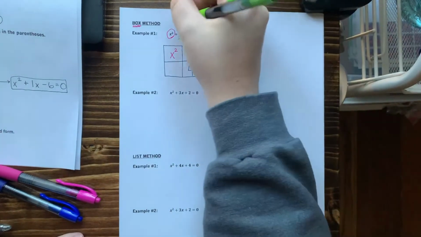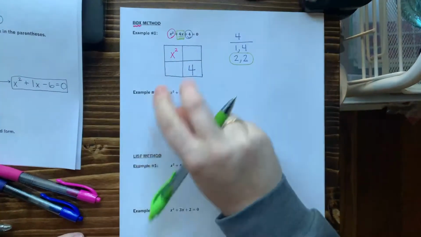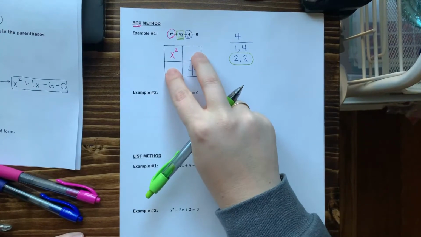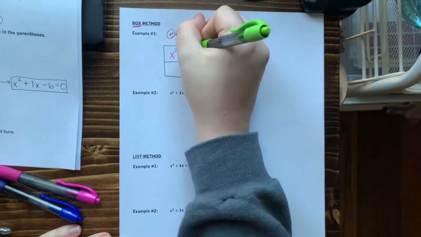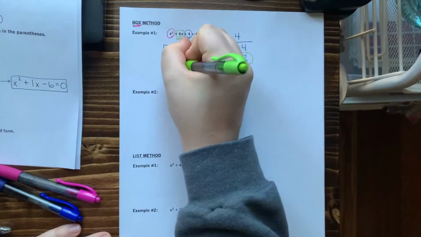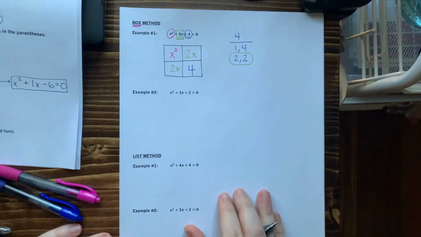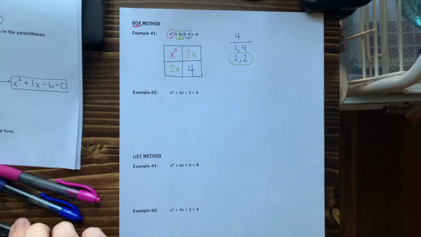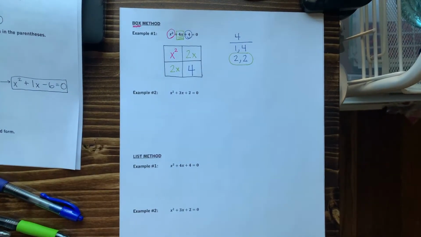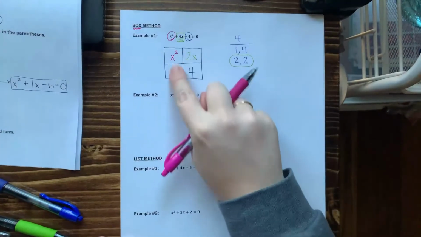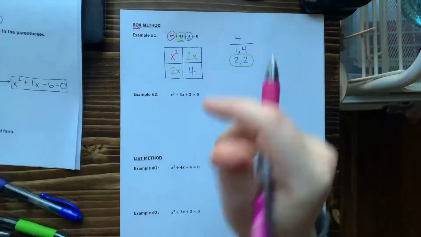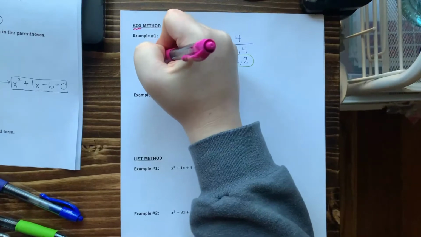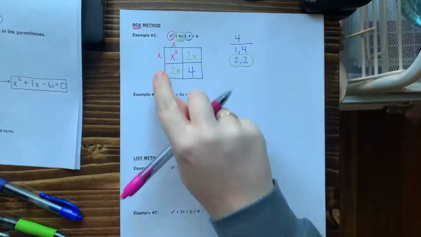We have 1 term left here, but we need to split it into 2 places. We do that by saying, instead of 4x, now we're going to have 2x and 2x. Now, doing what we just did, this helps us get what our 2 factored pieces should be. On each side of this box, we're going to have x and x.